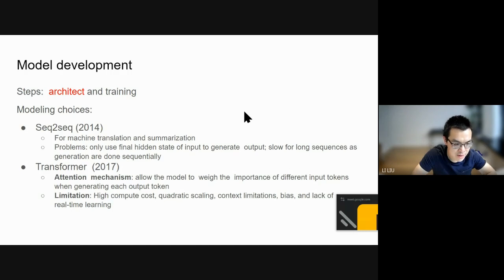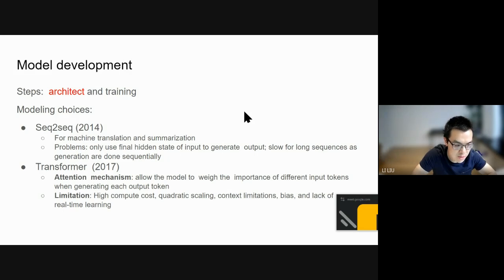But it is not perfect, because the problem with that architect is that it only uses the final hidden state of the input to generate the output. So it is very slow for long sequences, generation is usually done sequentially, and it usually will not have a lot of the information on the earlier tokens.